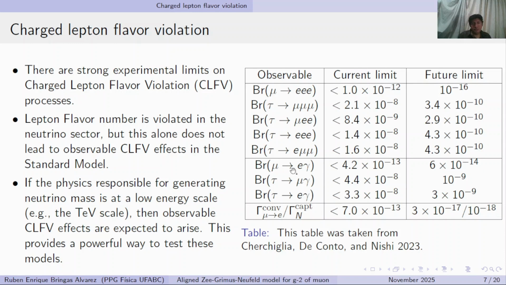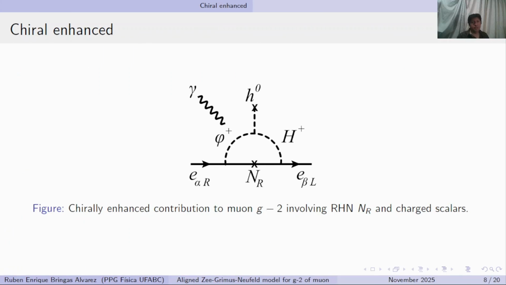For example, for these limits, these branching ratios, we have a current limit that we have to respect when we implement new models. These are the current limits, and these are the future limits in near-future experiments. Now we talk about chirally enhanced contributions. You can see this is chirally enhanced because we have the change of chirality.